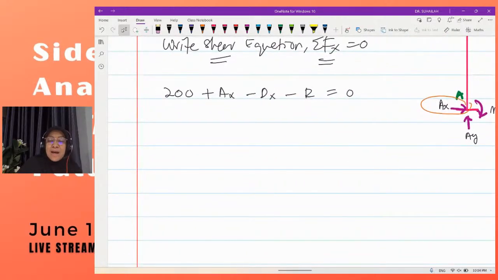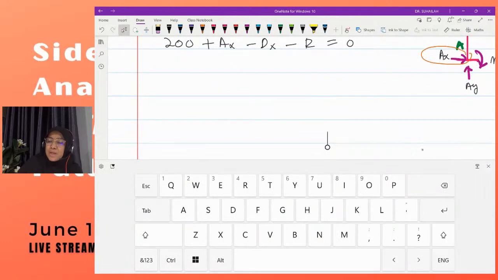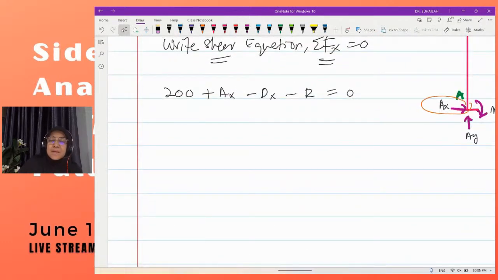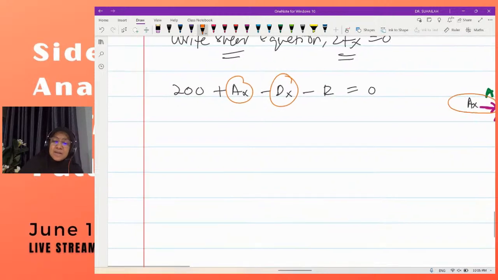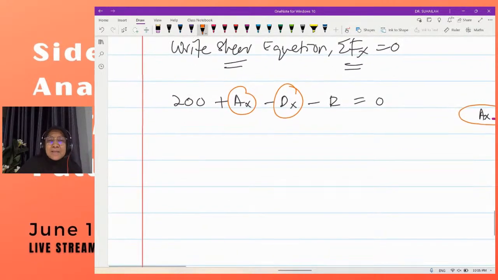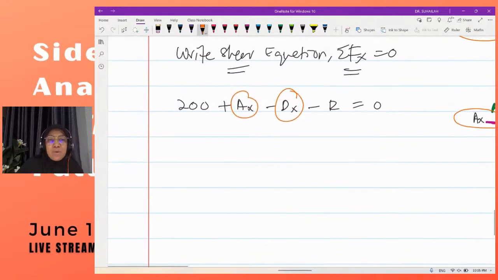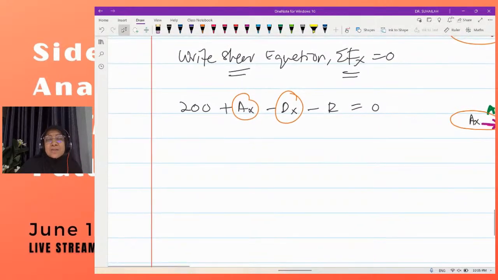So in order to get R, we have to calculate another two unknowns, Ax and dx. We calculate Ax and dx using column analysis.